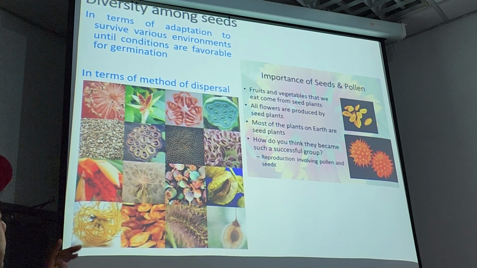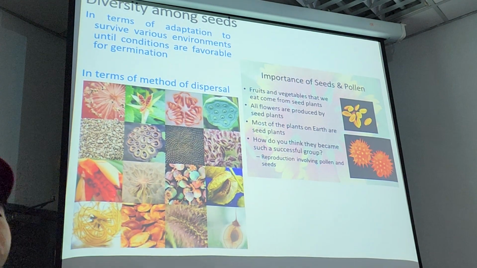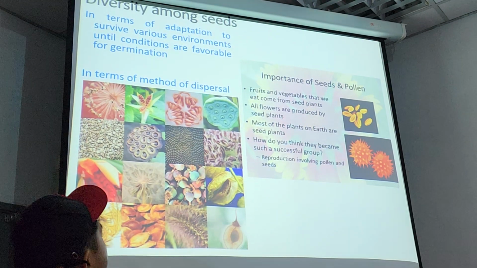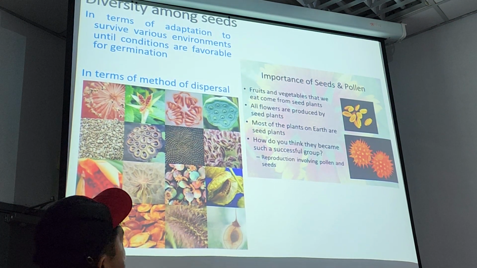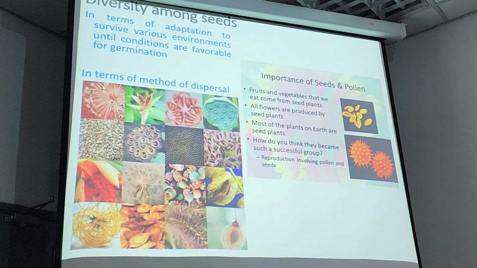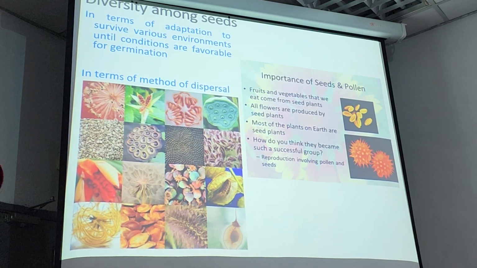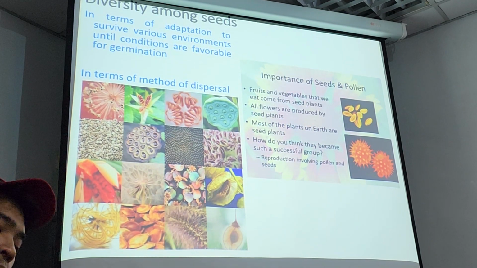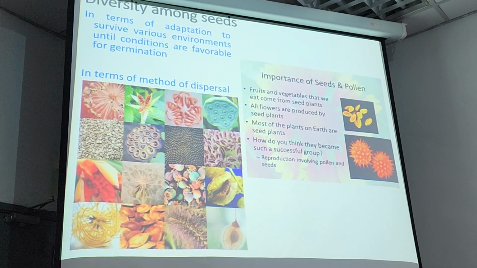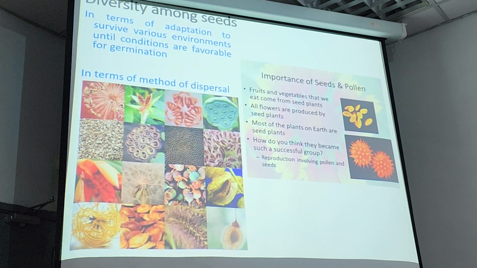The seeds from the common fruits and vegetables that you are familiar with are actually from flowering plants. So there must be something about having these seeds that makes them such a successful group, not only to ensure their own species continuum, but for our benefit as well.